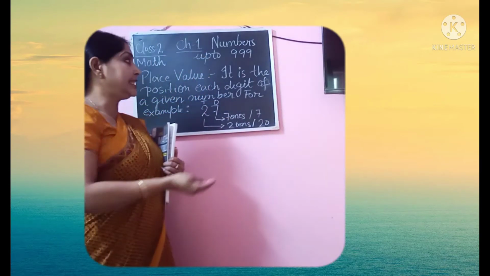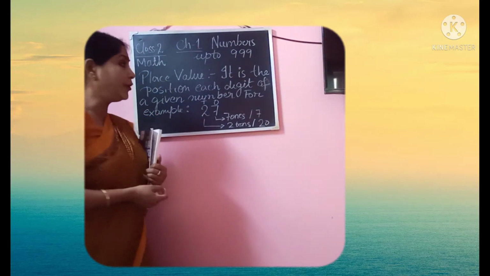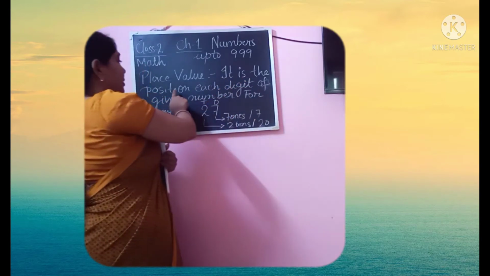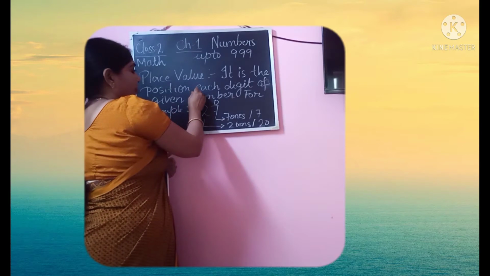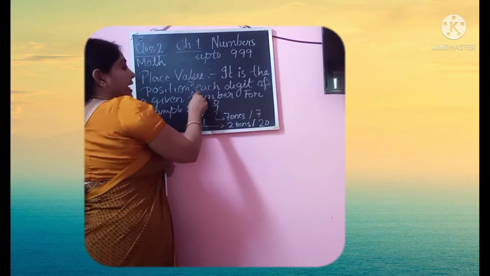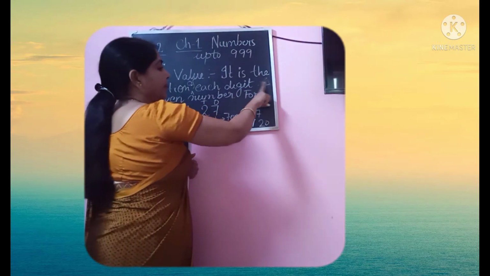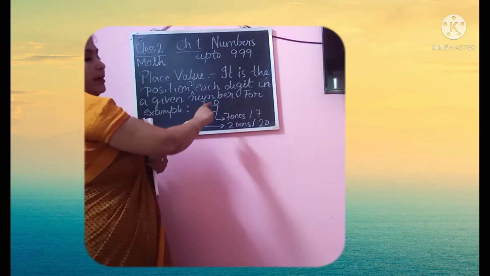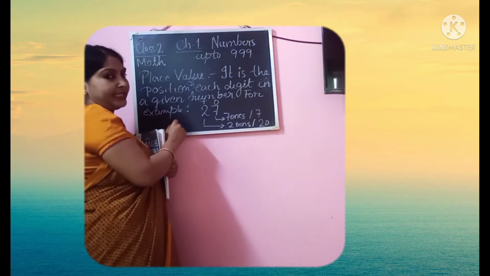Okay. So you can see here, on the board I have already written what place value is. Place value means it is the position of each digit in a given number.